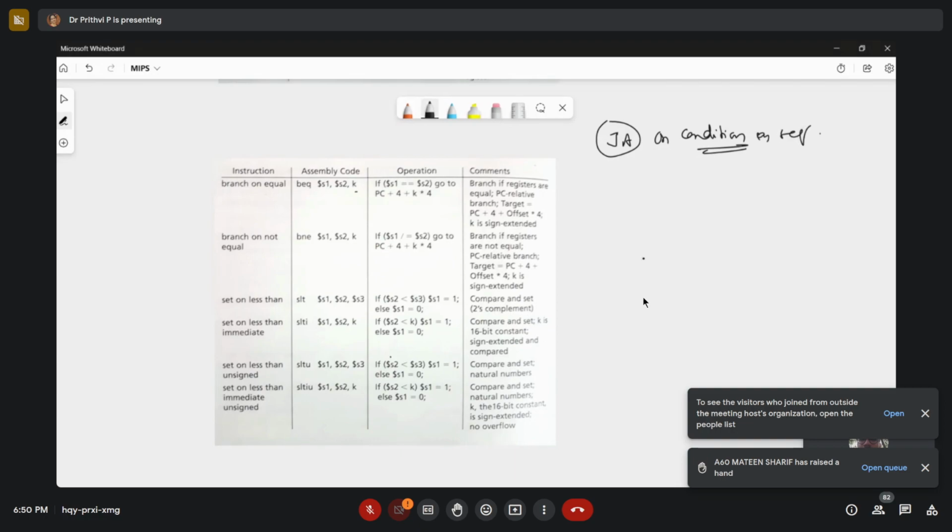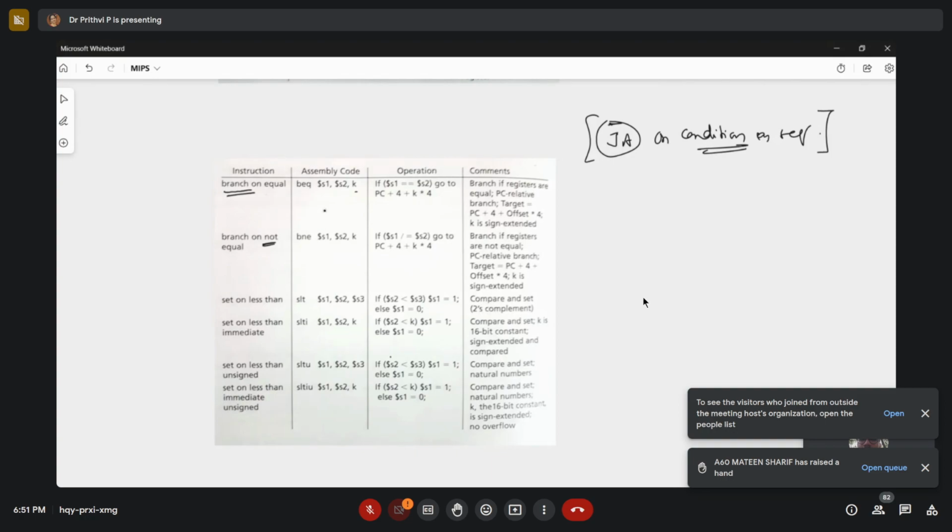I'm taking this example because we have done this and learned this, so it is simple to understand. If a condition is satisfied, then it has to go to the branching address, and if the condition is not satisfied, it goes sequentially. These are the two instructions we have: branch equal and branch not equal.